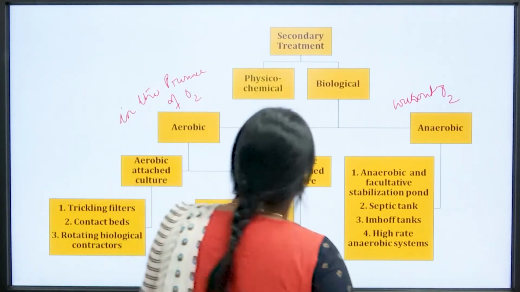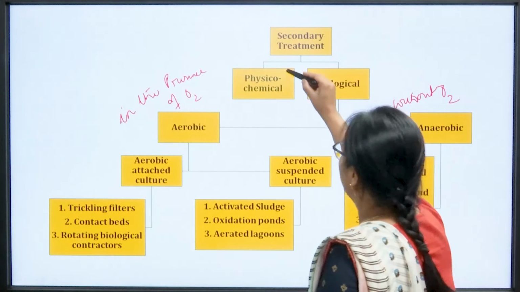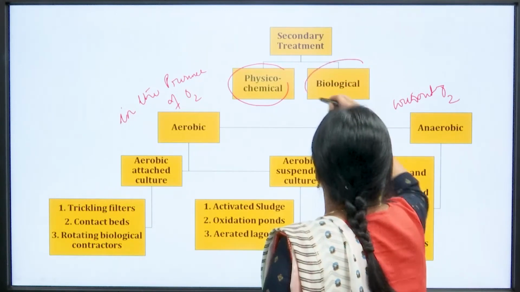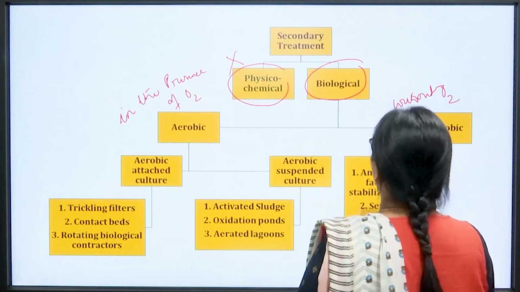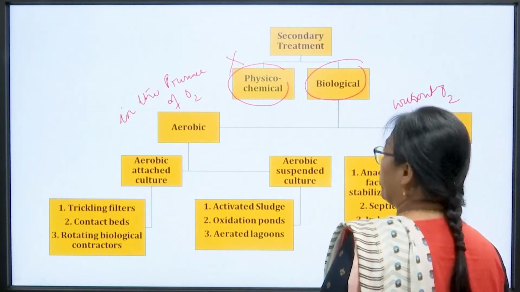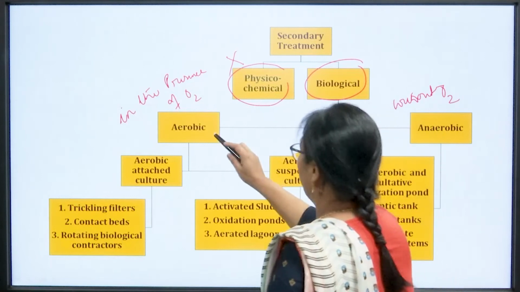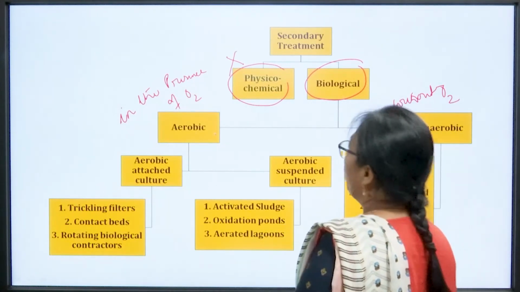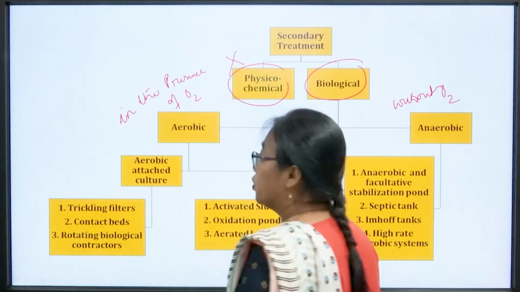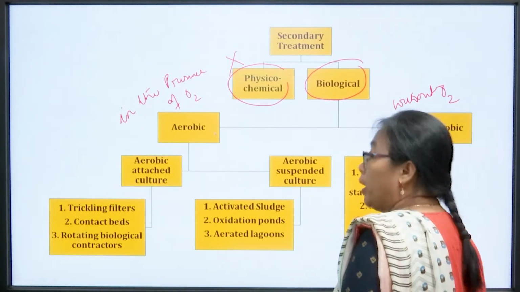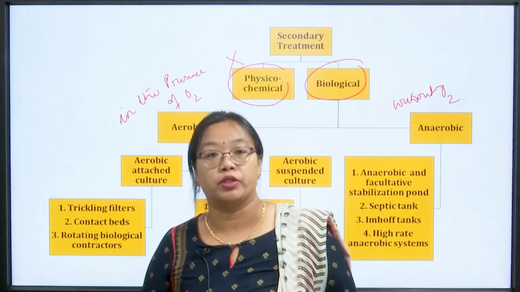So, secondary treatment is either physico-chemical or biological. Physico-chemical you will forget, we are not discussing it. Biological may be aerobic or anaerobic. Aerobic means it is happening in the presence of oxygen, so we generally require some type of aeration.